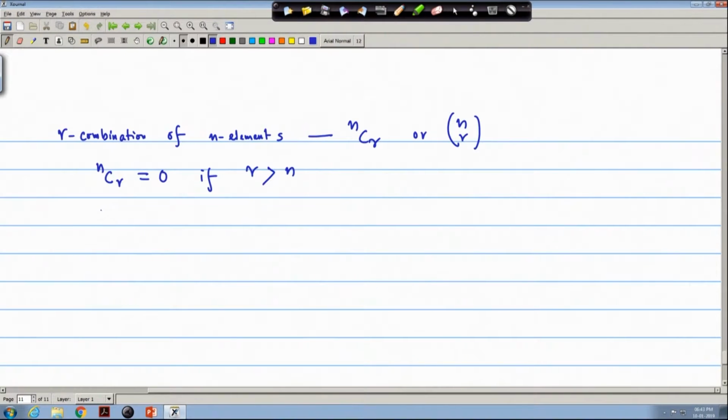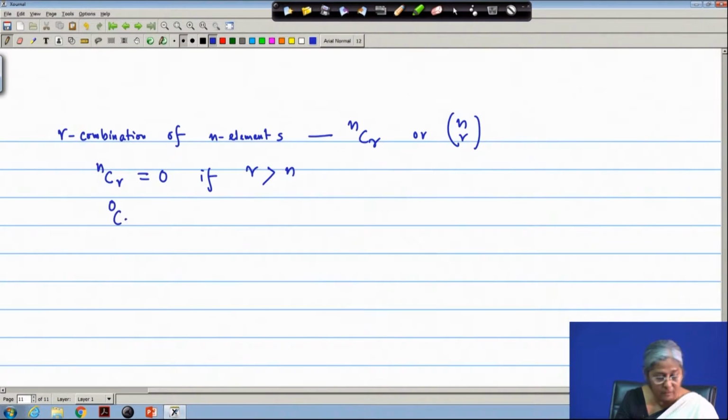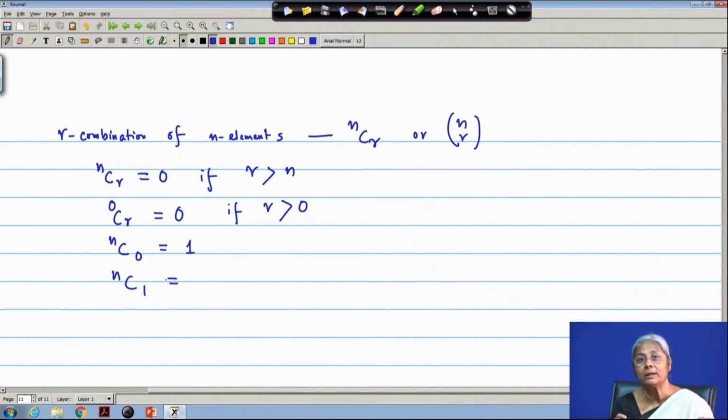Then I can write 0CR is 0 if R is greater than 0. And nC0 equals 1, because only the empty set is the subset. Then nC1 is n, since I have n elements, each one element set. Then nCn is the set only, so this is again 1.